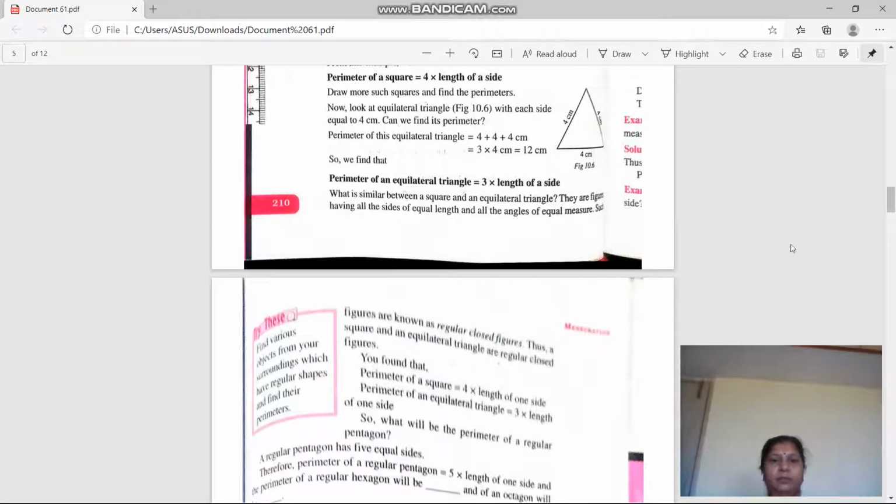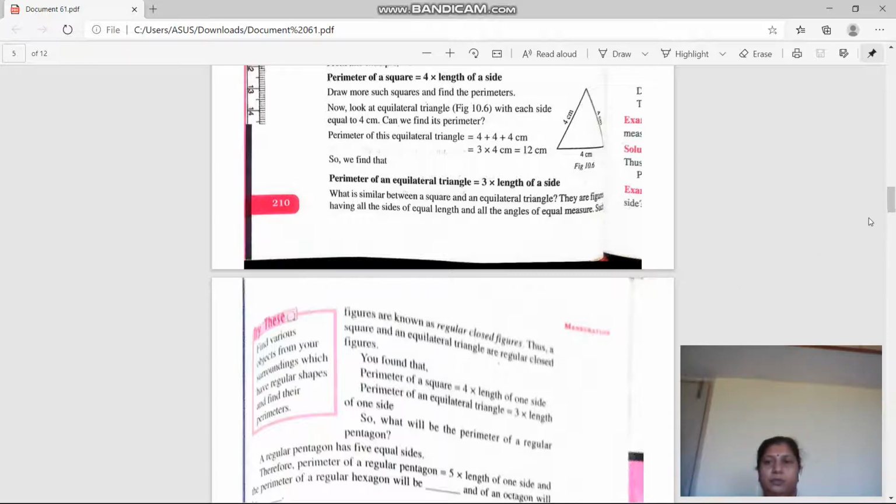First of all we see what is a regular polygon. A figure having equal lengths and equal angles is called a regular closed figure. The best example is the equilateral triangle.